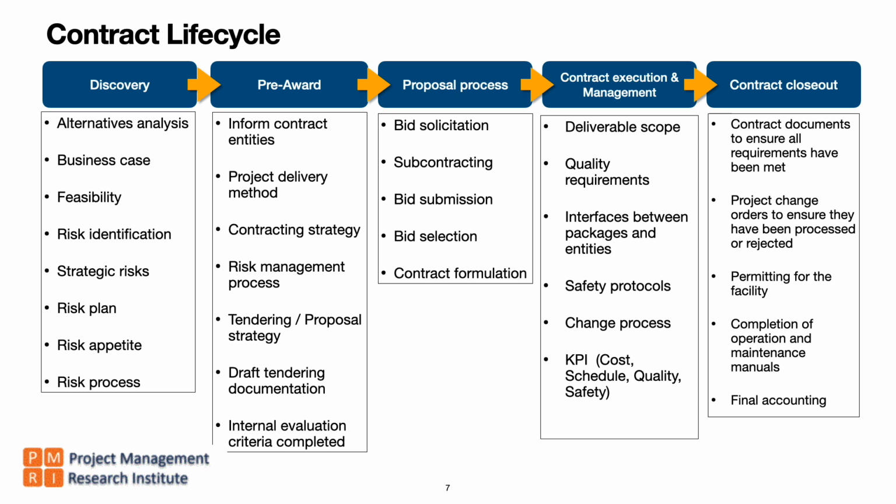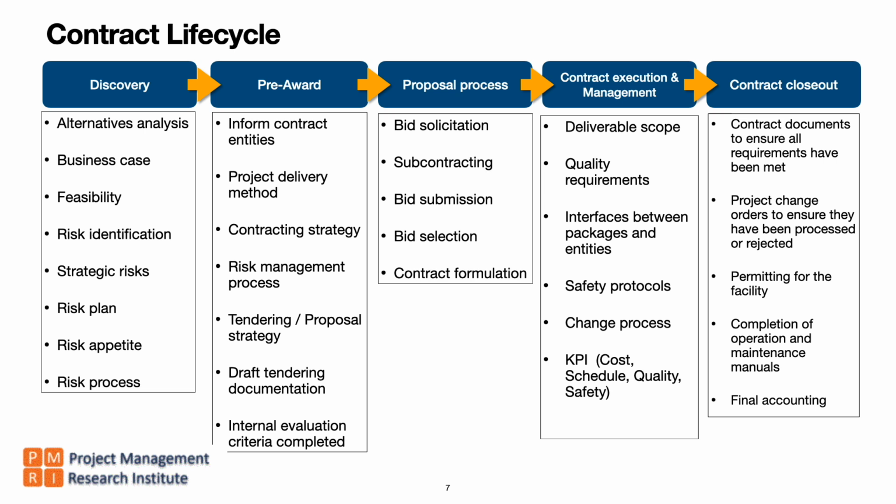Then we must define internal evaluation criteria. Because once we get the proposals or the bids from the suppliers, how it is going to be evaluated must be told to the vendors or the contractors up front so that they can fine tune the bid or proposal accordingly.